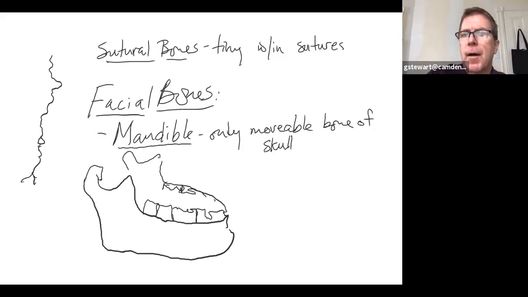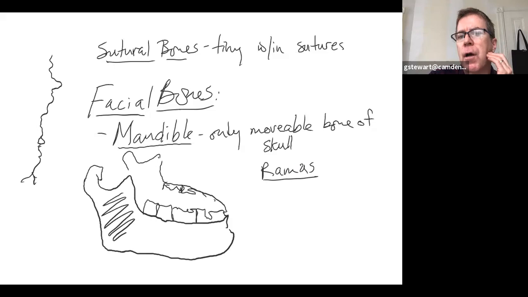The features worth mentioning, this word ramus, R-A-M-U-S, just refers to the flat side of the mandible right here, that you can feel the side of your lower jaw. It's a flat bar-like piece of bone on both sides.